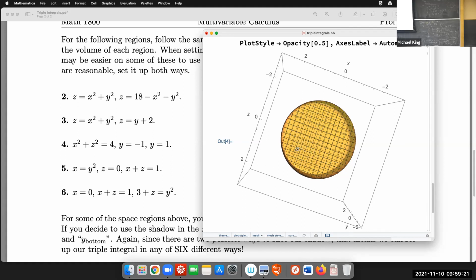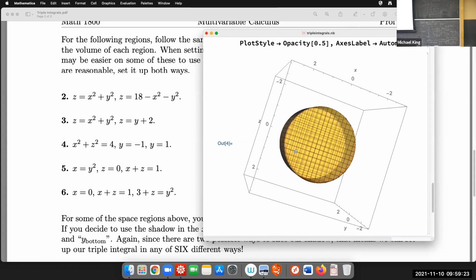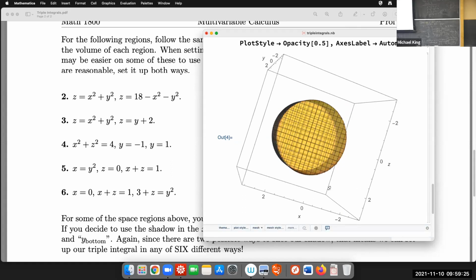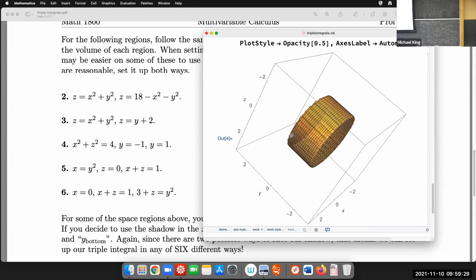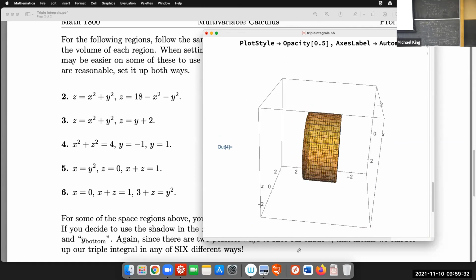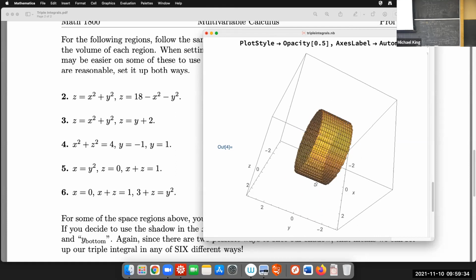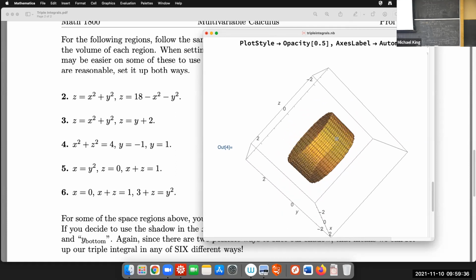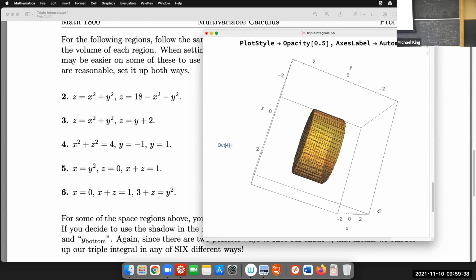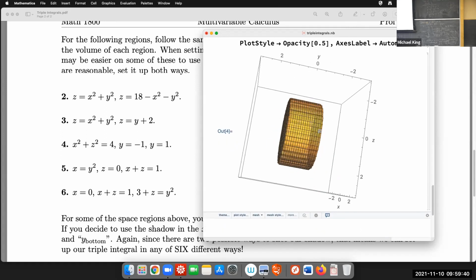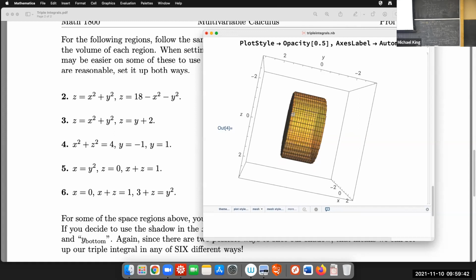And then what's left? The XZ plane. I guess that's just a rectangle, or no, this is the XZ plane, sorry. The YZ plane. I'm always trying to figure out how to make these work. Yeah, it's just a different rectangle, but it's also a rectangle.